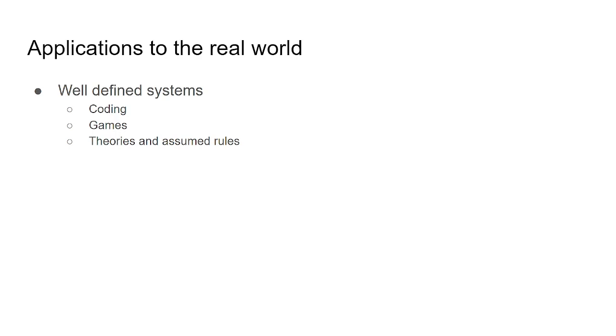But as long as we do have all the rules and they're well defined, then we can prove things about the game. And then another example would be theories themselves. So we can't prove our general theories to be true, but if they just seem to be true and we're fine assuming that they're true, then we now have a general rule that we can use to prove other things that would also be true.